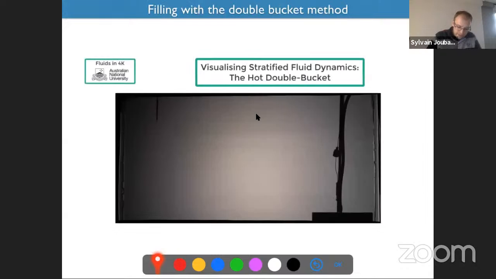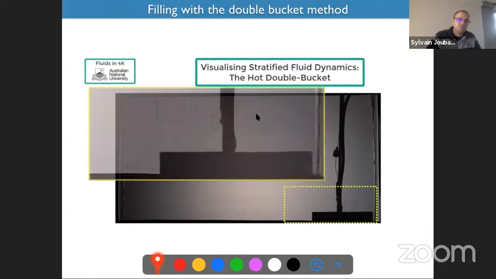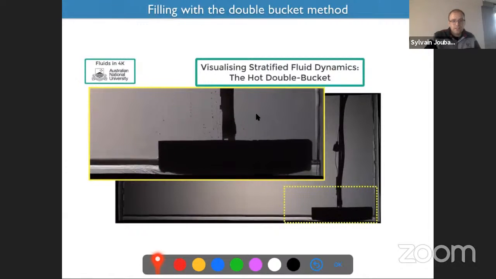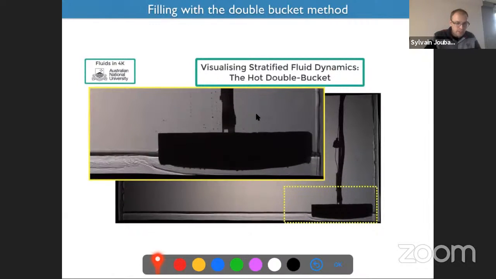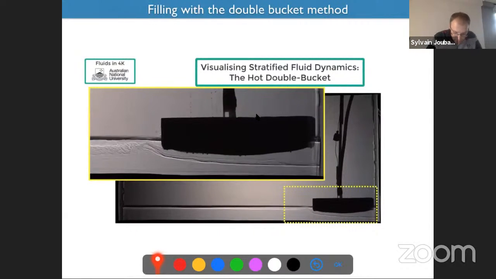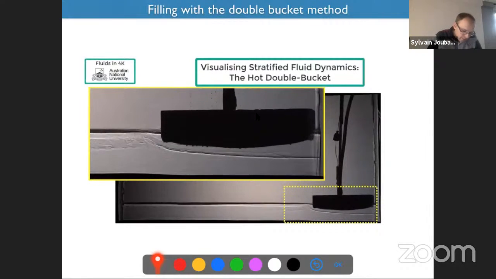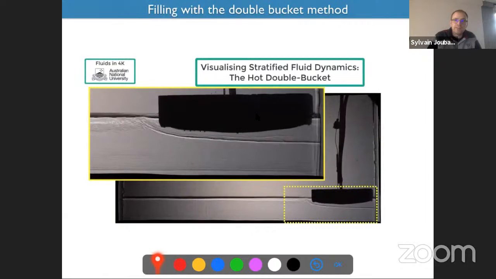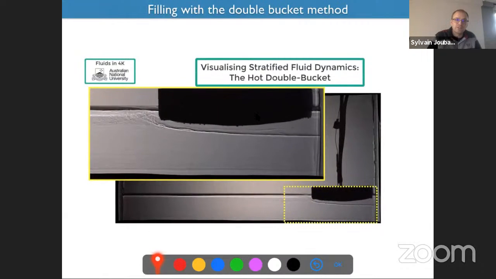The layering you can see here is clearly due to the filling being too fast. Experimentally, when you have this, it's a bad sign for your stratification afterwards.